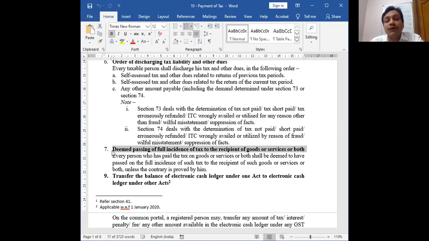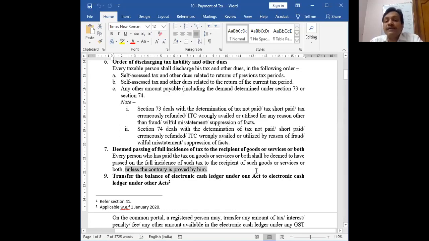By default, it is the provision in the GST laws that there is deemed passing of full incidence of tax to the recipient. By default, it is assumed that every supplier will pass whatever tax he or she has paid when purchasing the goods or services to the recipient of goods, unless the contrary is proved by him.